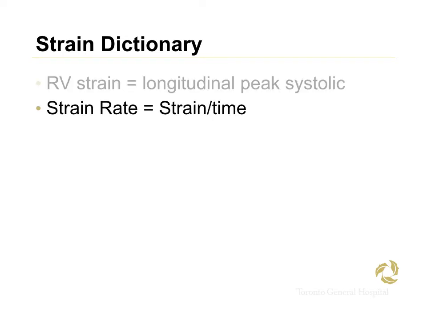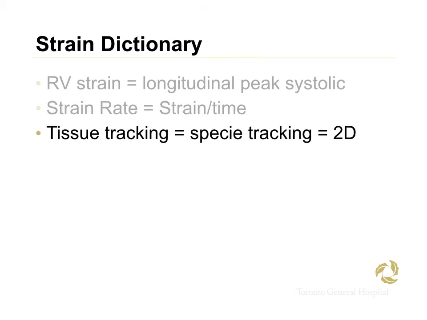When we talk about strain rate, which I haven't mentioned at all because we don't really use it much in clinical practice or it doesn't have immediate clinical application, we talk about the change in strain over time. And when we're doing tissue tracking, that's what we base the strain on right now in modern machines.